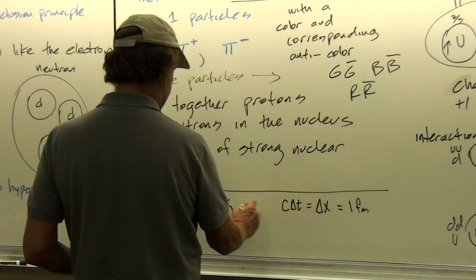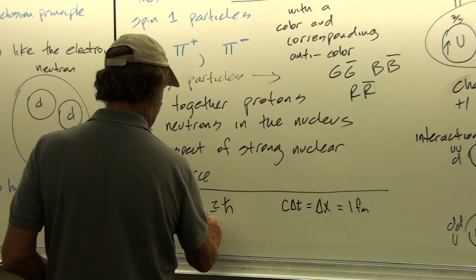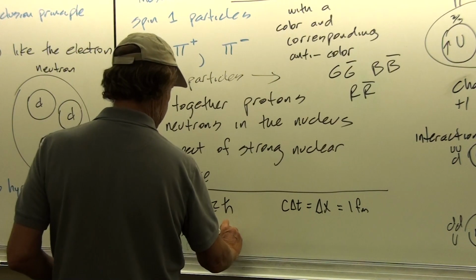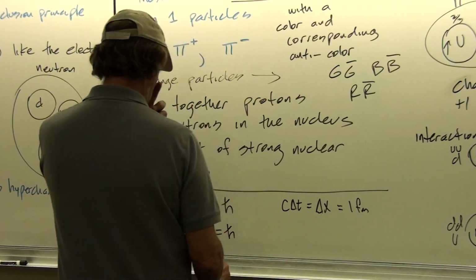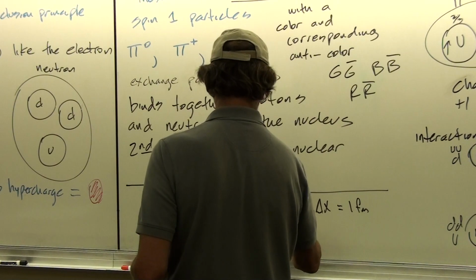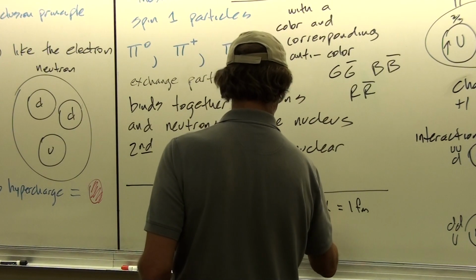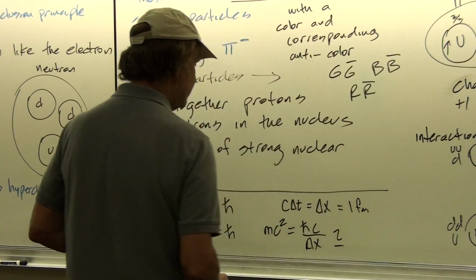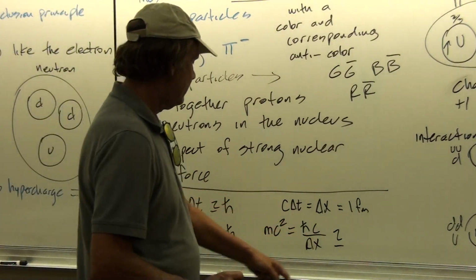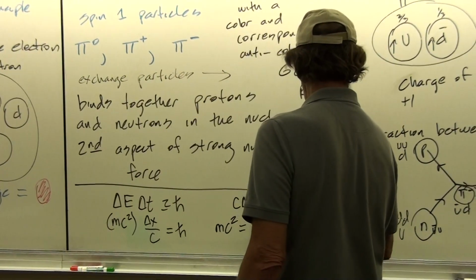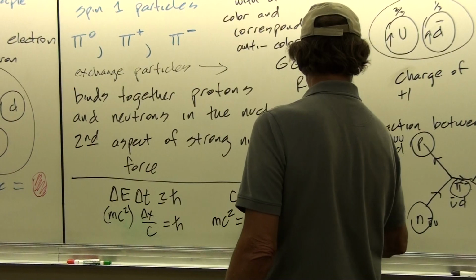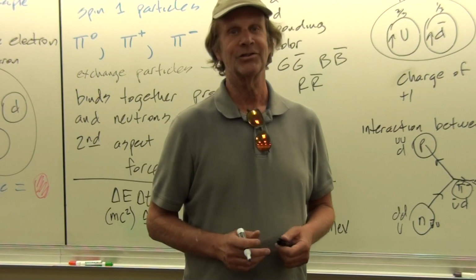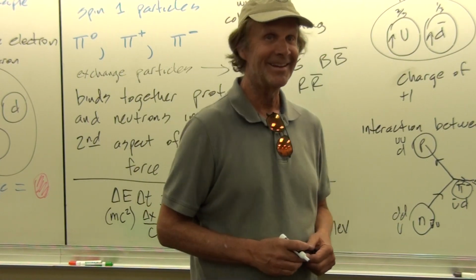Okay, so we can rewrite delta T as delta X over c, and you get mc squared equals h bar c over delta X. And doing that calculation, we found that the mc squared was about 200 MeV. Guess what? That is the energy of a virtual pi meson.